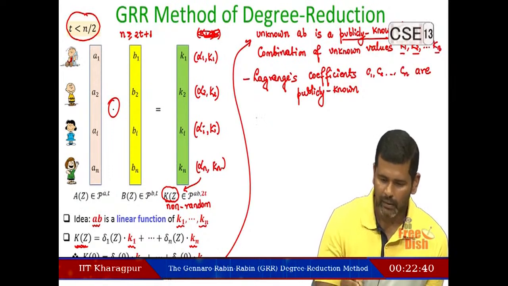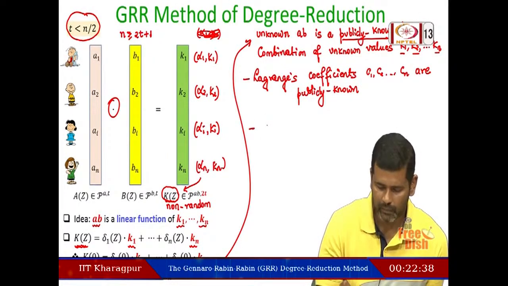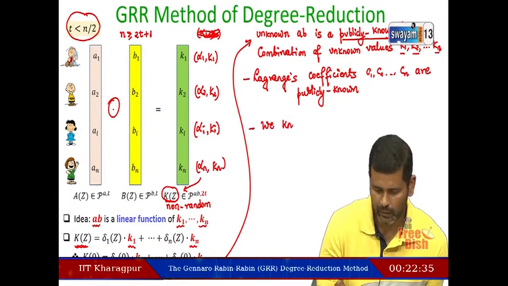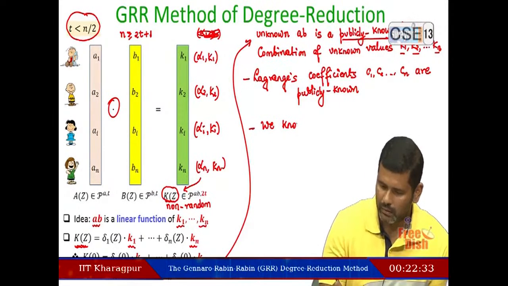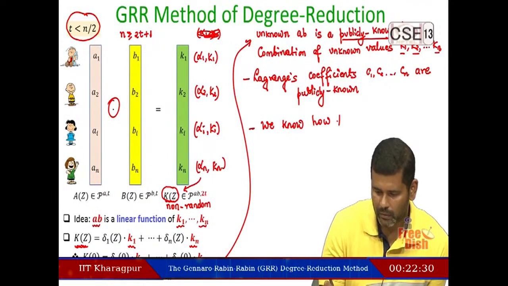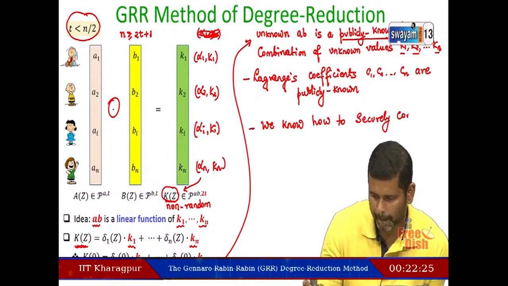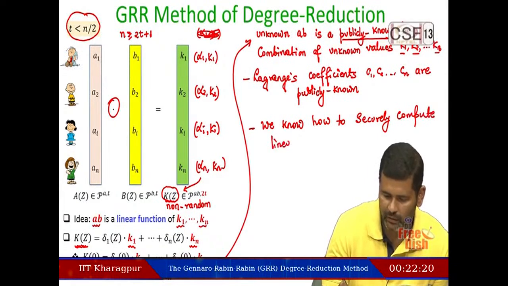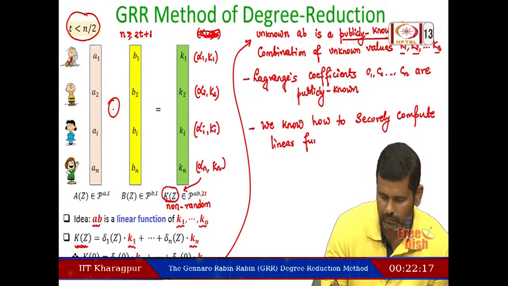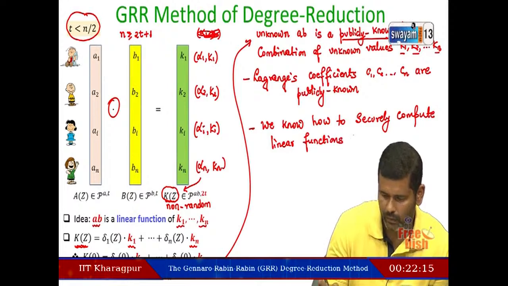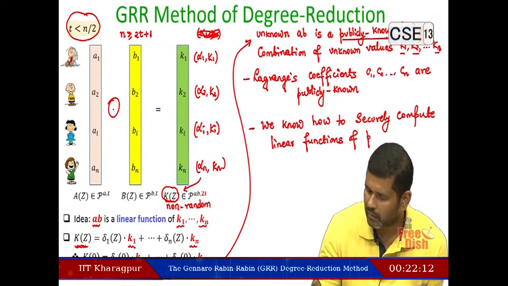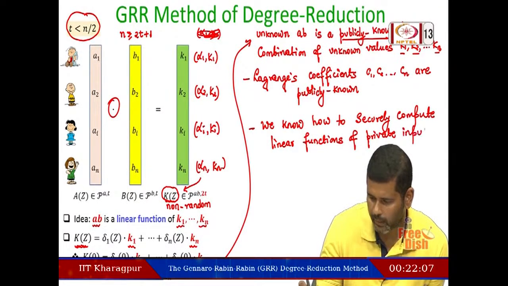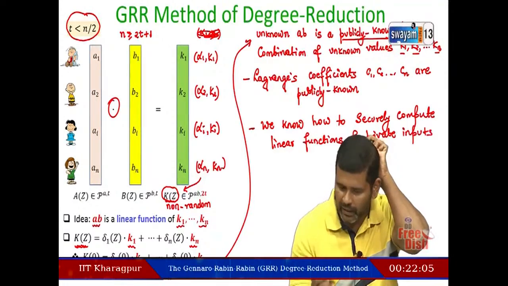And we know how to securely compute linear functions of private inputs. What does it mean here and why is it applicable here?